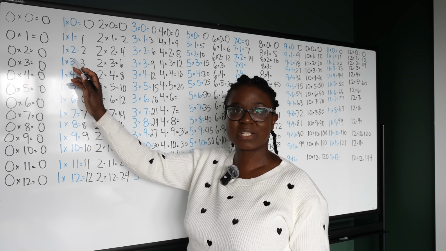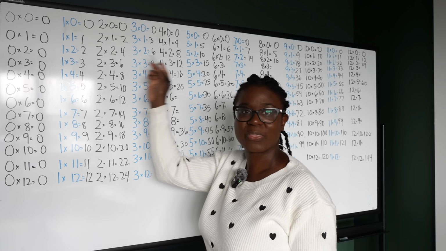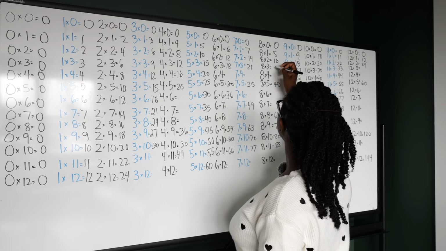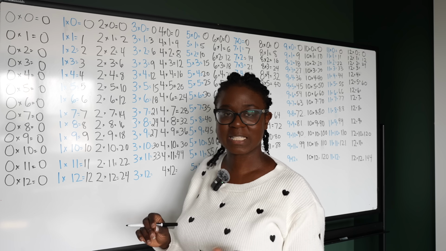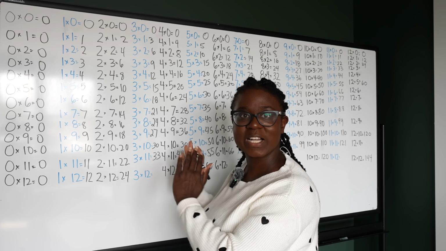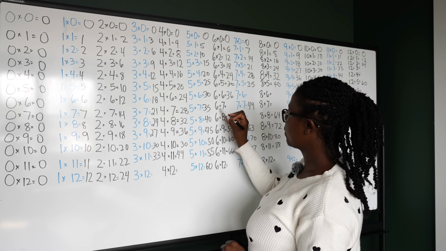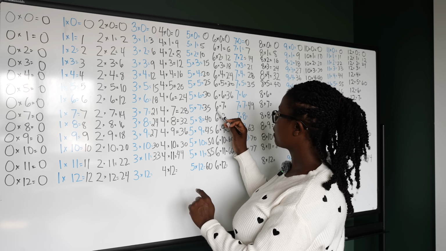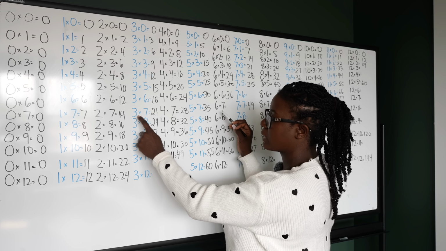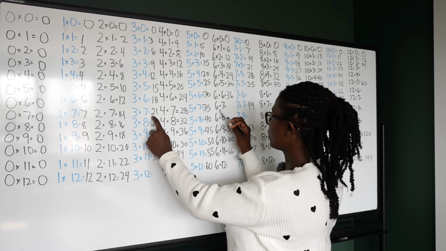Oh, I forgot. We did our 3s, and so we could fill in our 3s this way. Our 11s should be filled in. And what about the 6s? The 6s are just double the 3s. So if we want to know what 6 times 7 is, we can think about what 3 times 7 is. 3 times 7 is 21.